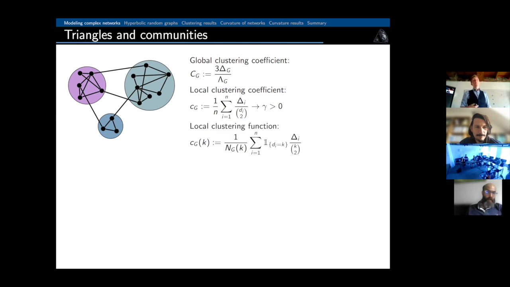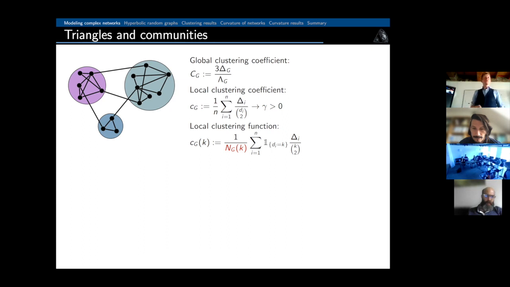And finally, you can make this local clustering function a bit more specific by saying, well, instead of looking at all nodes, I'm only going to look at nodes with degree k. So for every k, I can do the same thing. I just look at all nodes of degree k and compute this local clustering coefficient. Then I sum it, but then of course I need to normalize by the total number of nodes of degree k instead of the total number of nodes.